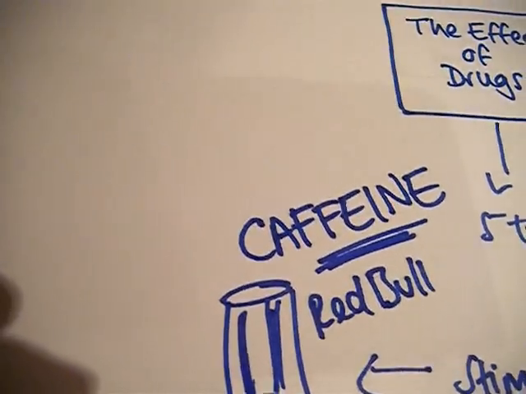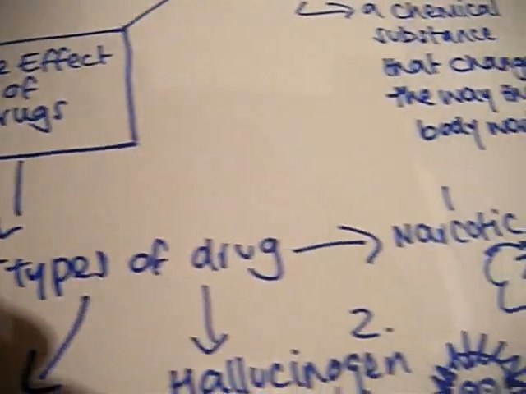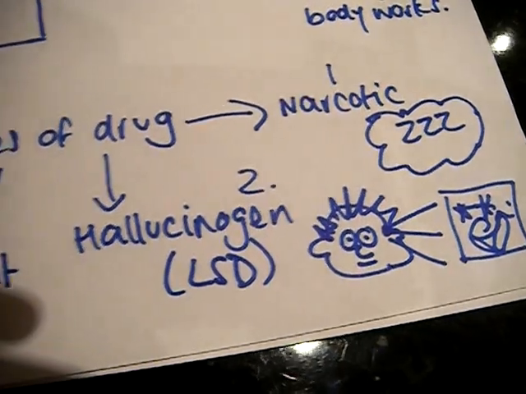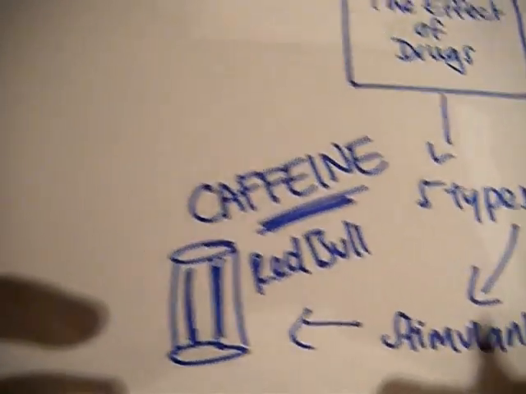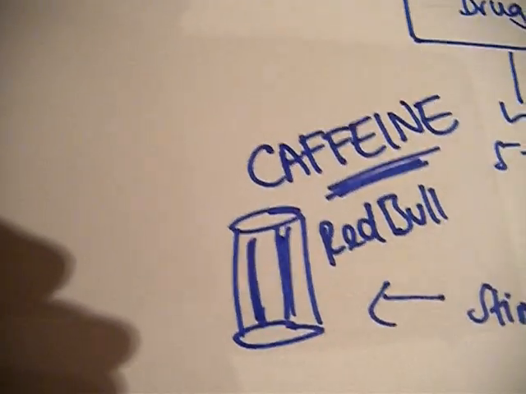Okay? So far, just to go back over: narcotic makes you sleep, hallucinogen makes you see crazy things, and a stimulant like caffeine speeds up your reaction, so it decreases your reaction time.